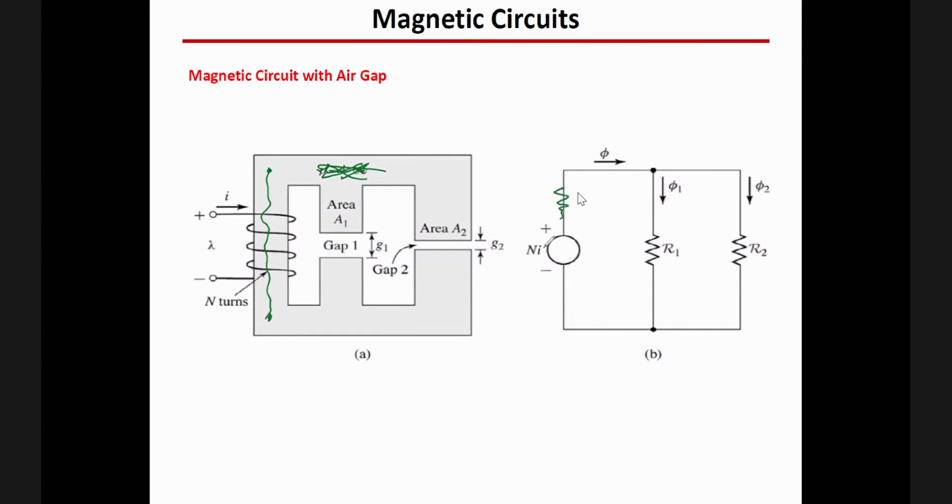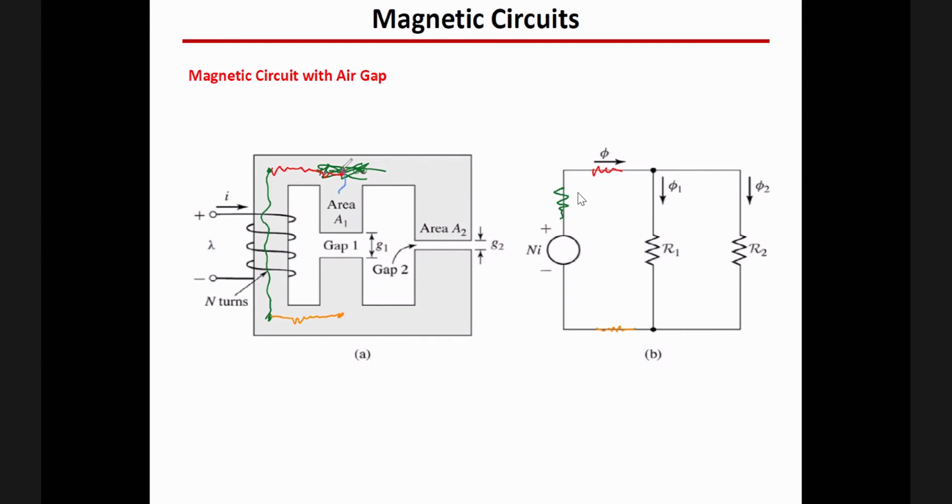What you can say also is that we have also this from here to here, one reluctance. And this is connected here. And also we have from here to here, one reluctance. And this is connected here. You see my point, right?